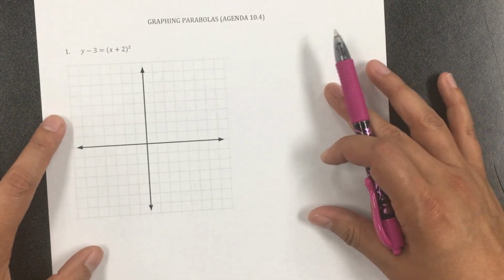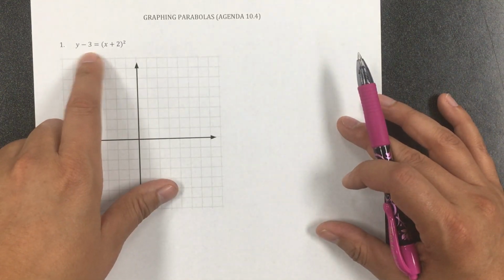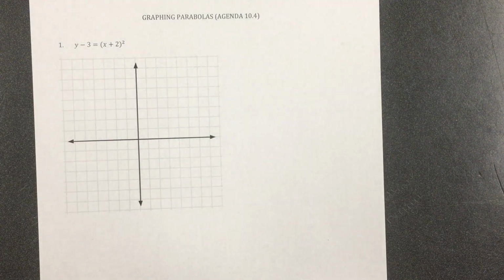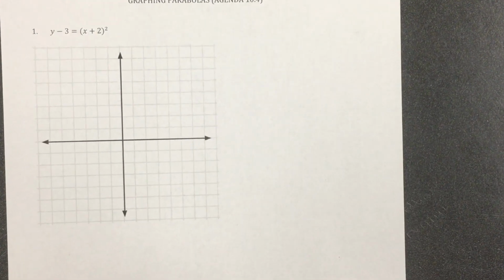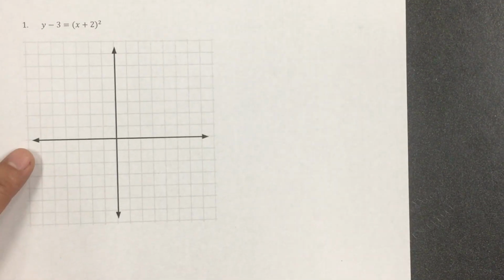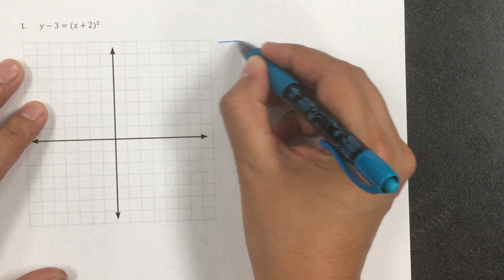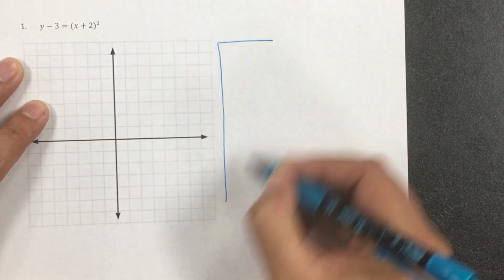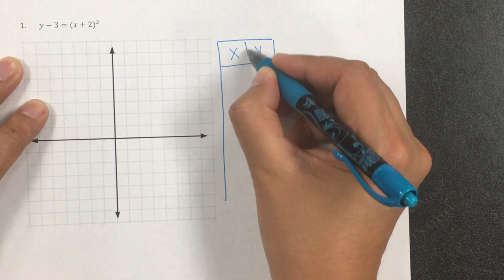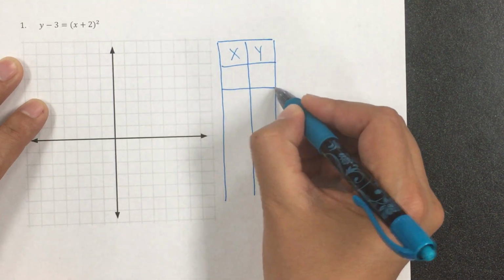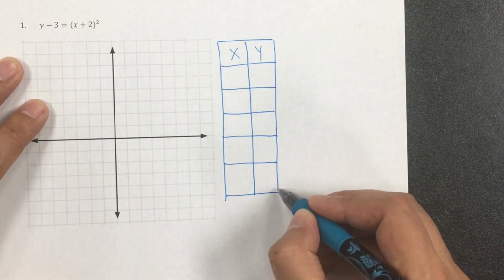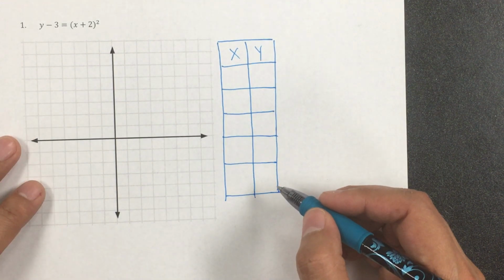And so you have y minus 3 equals x plus 2 squared. Let me zoom it a little bit. And so what we're going to be doing is creating a table. And we're going to put 5 rows.